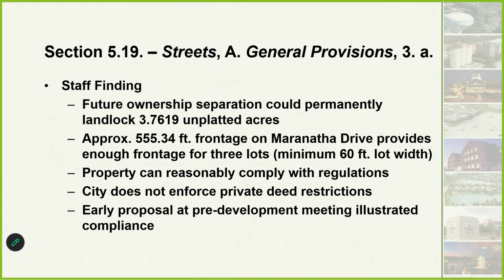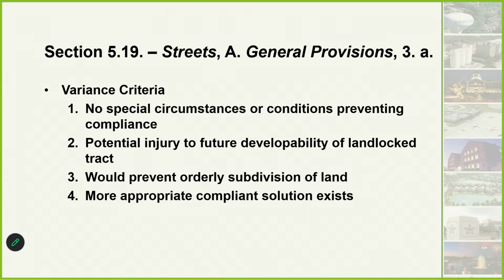Findings from staff is that future ownership would separate permanently the landlocked 3.7 acres. It can be achieved, as we said before, with a minimum 60-foot lot width with 555 feet of frontage on Maranatha. The property can reasonably comply with these regulations. The city does not enforce the private deed restrictions, and an earlier proposal does show that it can meet compliance with the 3.7 acres.